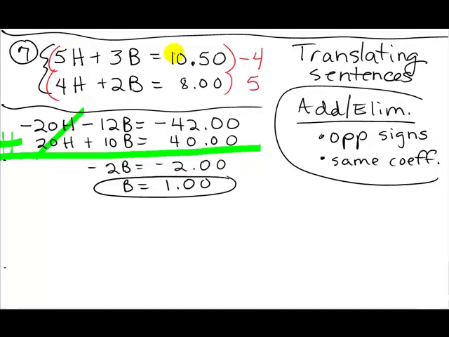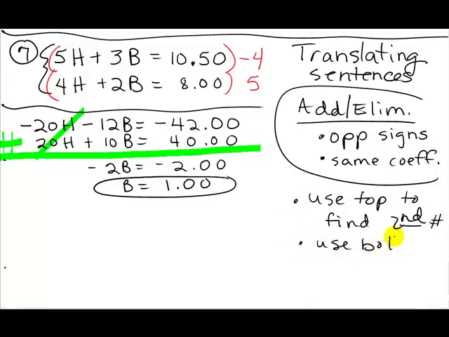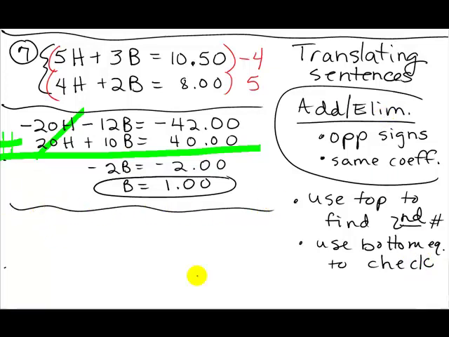Now we want to go back to an original. Remember, with the adding and the eliminating, we can be consistent on which one. We're going to use the top equation to find the second number, and we can use the bottom equation to check. So let's go back to the originals. We have 5H plus 3 times B equals 10.50.